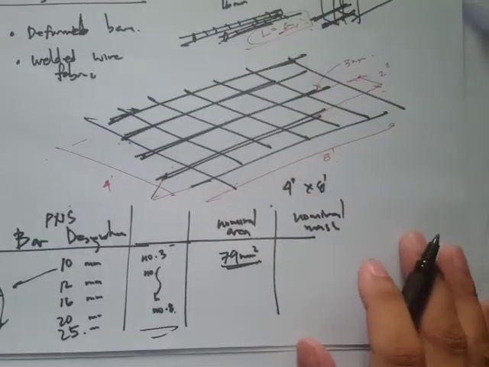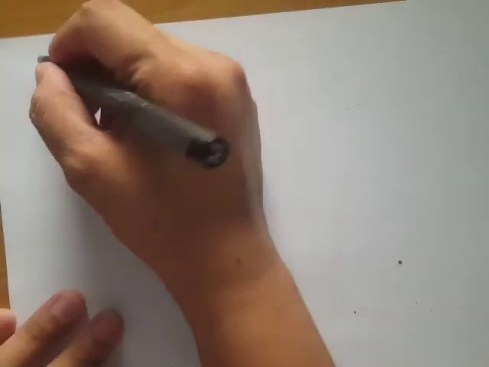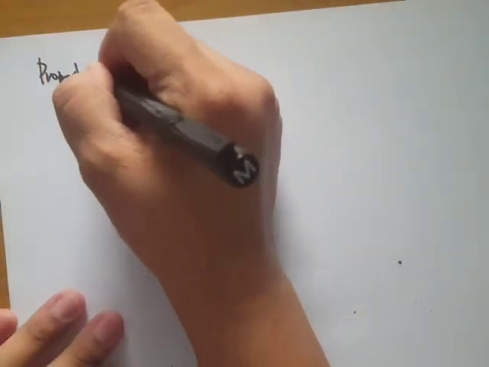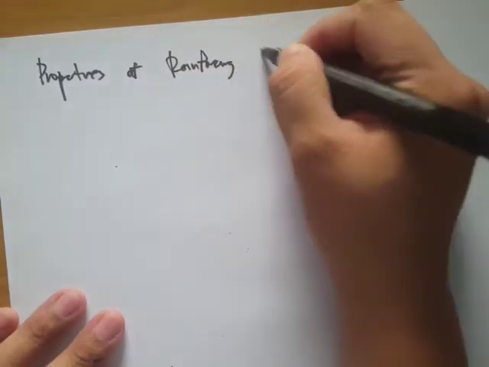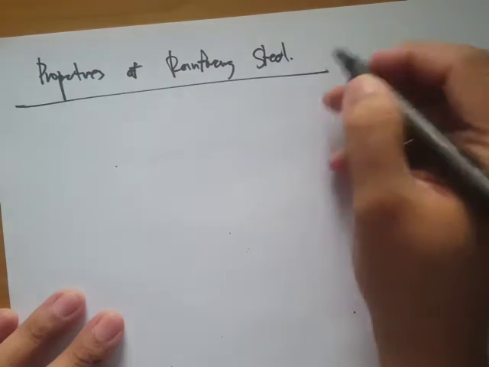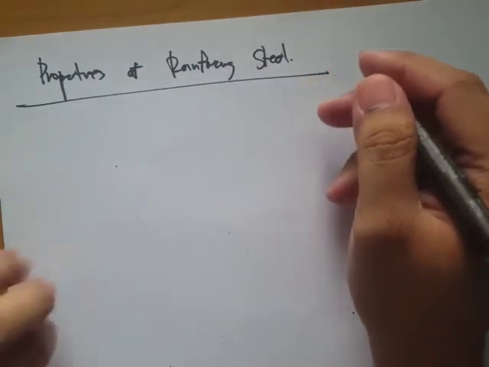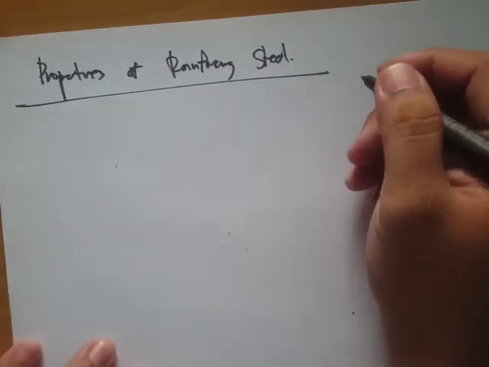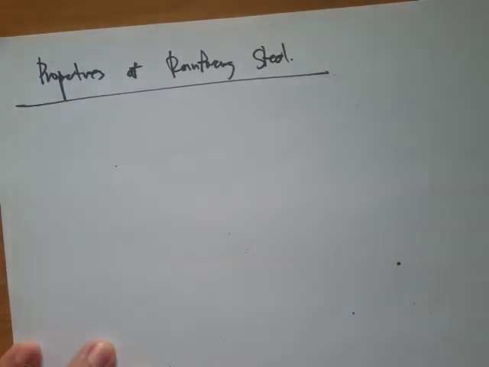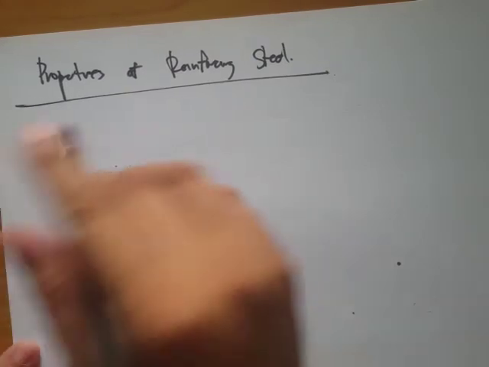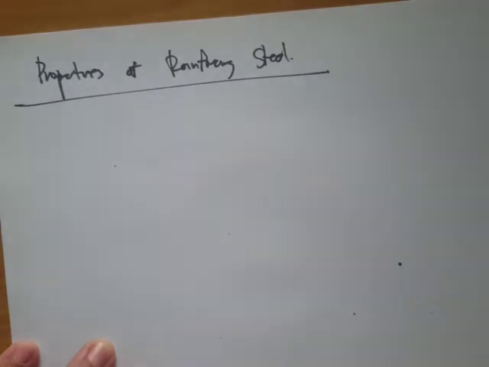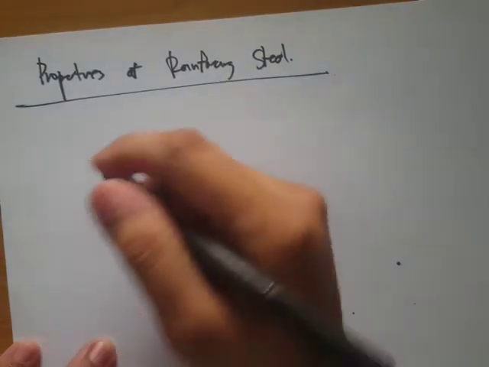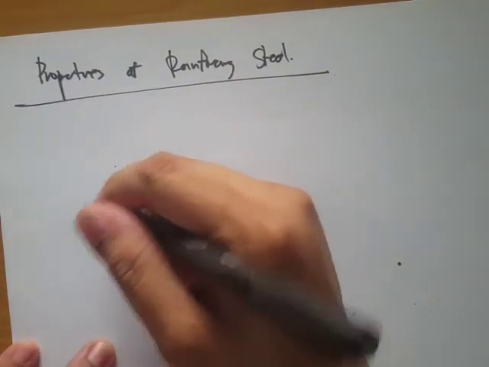And now let's go to the properties, right? So properties of reinforcing steel. We also discussed earlier the properties of concrete, and now we'll discuss the properties of reinforcing steel. The same goes true with steel and how you determine the strength of the steel.